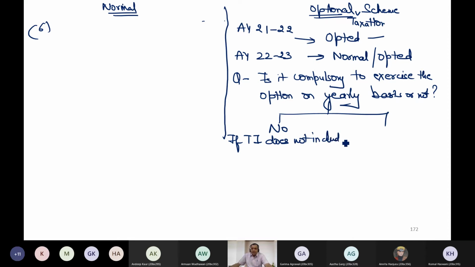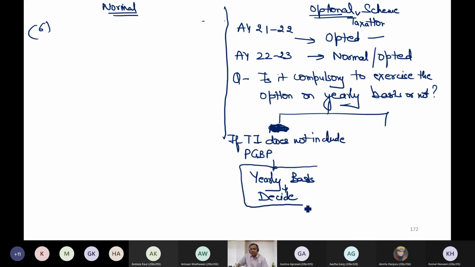If you are not a businessman or a professional, and your total income does not include PGBP, it might include salary, house property, capital gain, other sources, that doesn't matter. I should not write yes or no here. If my total income does not include PGBP, this is the freedom available to me, that on a yearly basis I can decide whether this year I want to go for optional taxation or not. So the answer to this question cannot be simply yes or no.